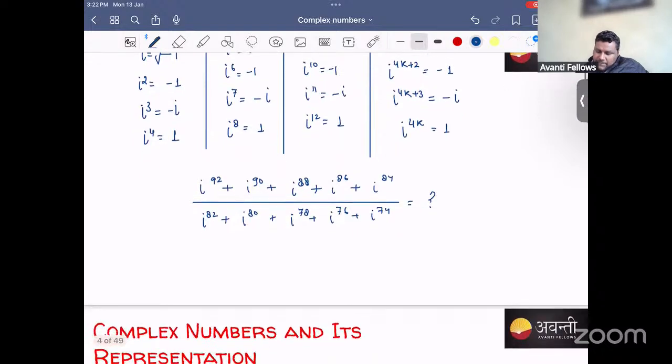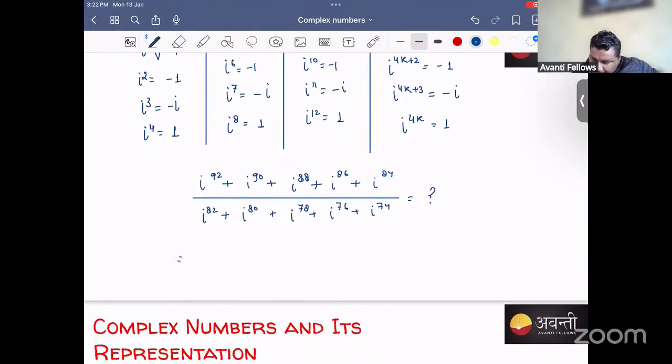See, if from the numerator I take iota to the power 10 common, you get iota to the power 82 plus iota to the power 80 plus iota to the power 78, iota to the power 76 plus iota to the power 74.